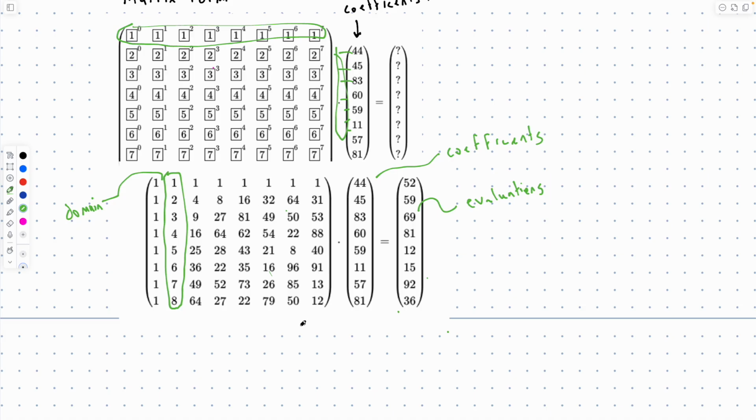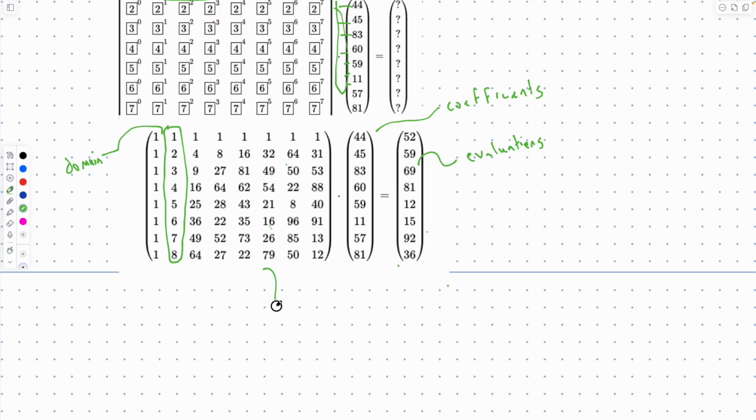Okay? So this matrix is independent of the polynomial itself.